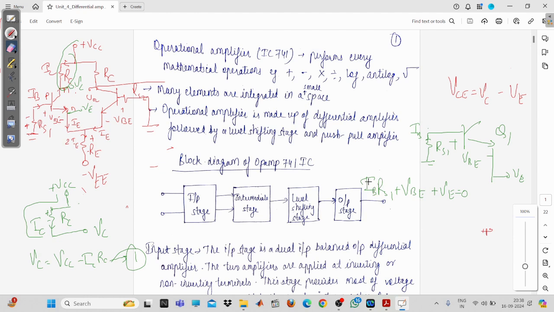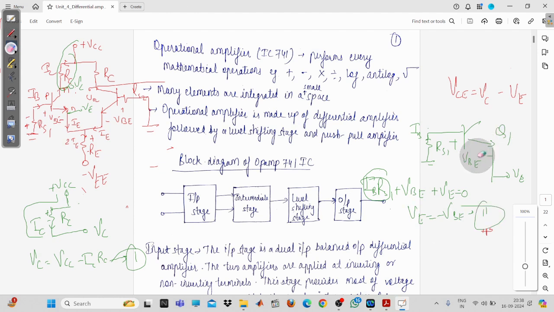When beta value is very high, the base current is very small. So in that case, you can neglect this term just for the simplicity. Even if you want to incorporate that thing into your equation, that is very much fine. So now VE will be equal to minus VBE. So this is the second equation.